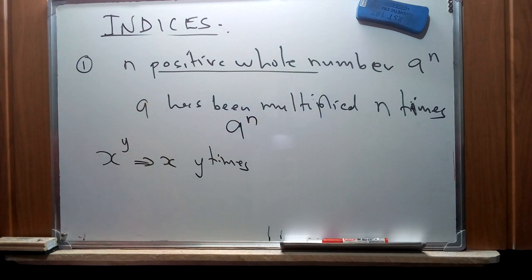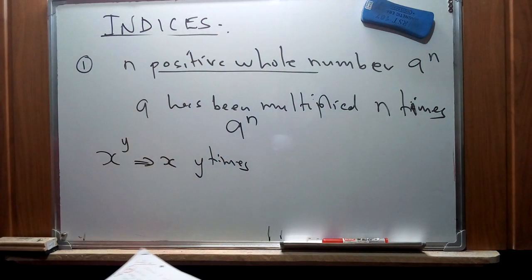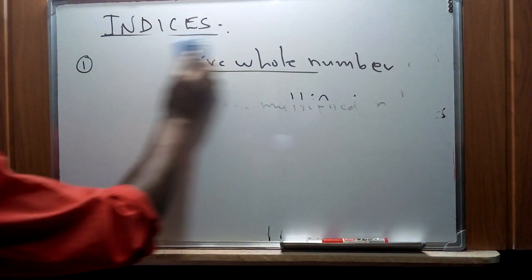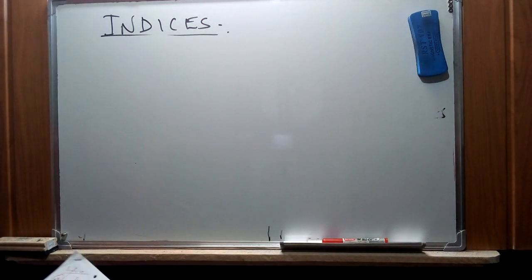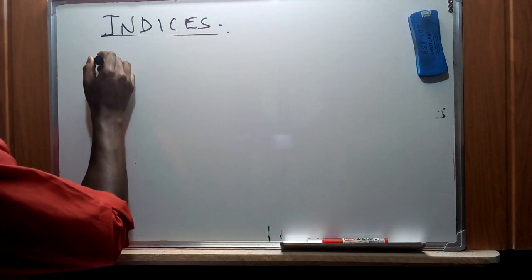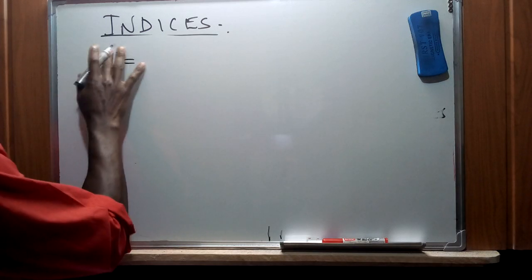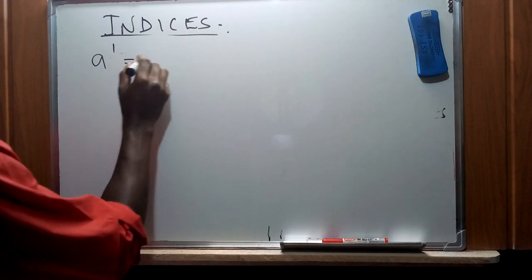Now this is for positive powers. Suppose n is a negative number, how are we going to give it? Where n is equal to 1, we are going to have a.